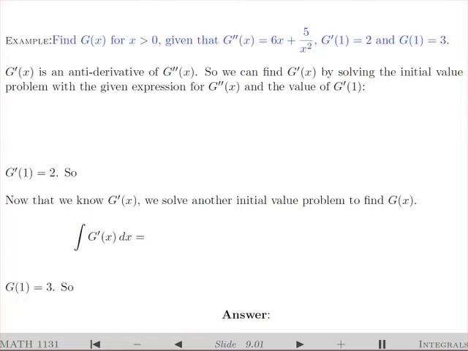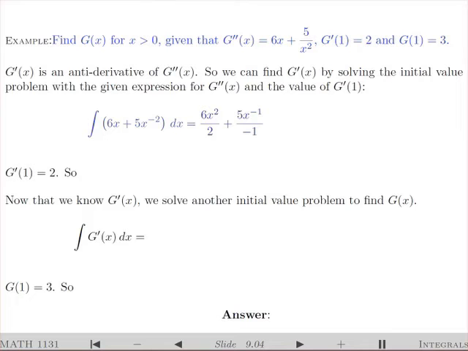To find the antiderivative of 6x plus 5 over x squared, I'm going to write it using negative exponents as 6x plus 5x to the power negative 2. Now I can apply the power rule to each term. An antiderivative for 6x is 6 times x squared over 2, which is 3x squared.